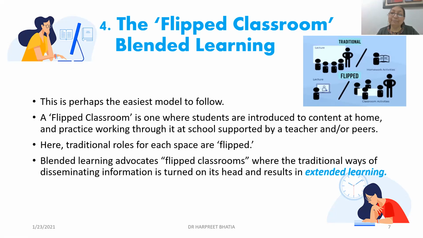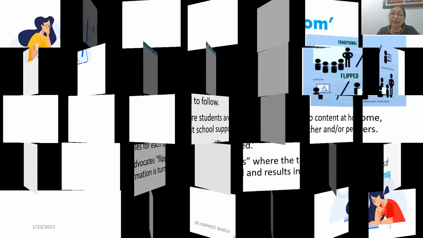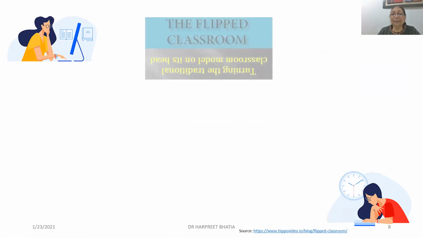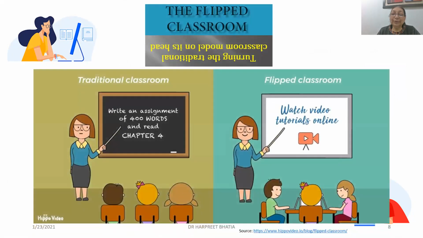If you look at the picture over here, you can see the difference between what is being done in the traditional classroom and what is being done in the flipped classroom. In the traditional classroom, you did the lesson in the class and you were given homework, a home task which the student was supposed to complete at home and bring the next day to get feedback from the teacher.